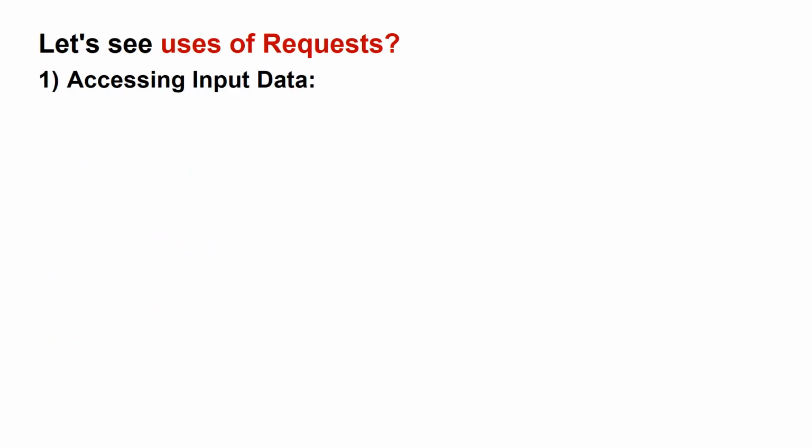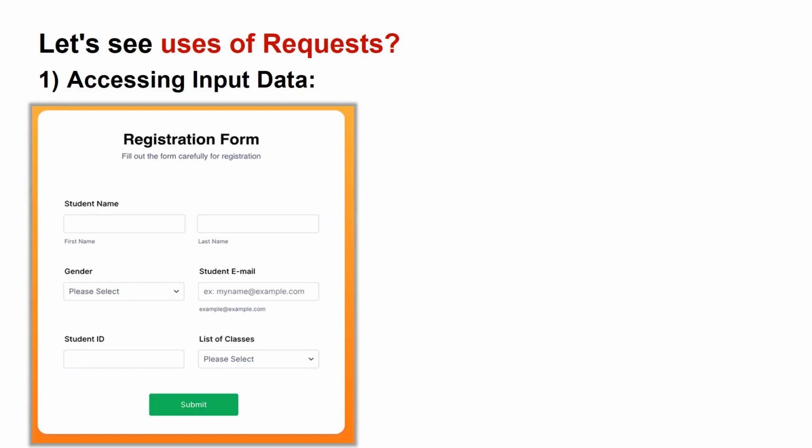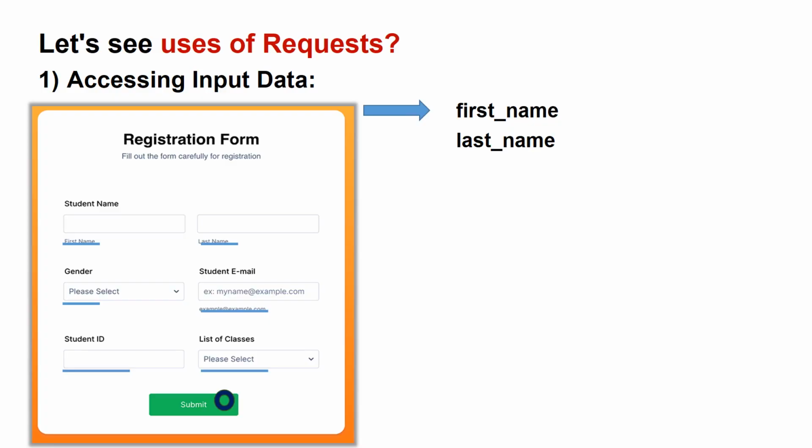1. Accessing input data. Suppose we have a student registration form with fields such as first name, last name, gender, email ID, student ID, and class name, and after the form is submitted, we receive input keys like first_name, last_name, email_id, student_id, and class_name.